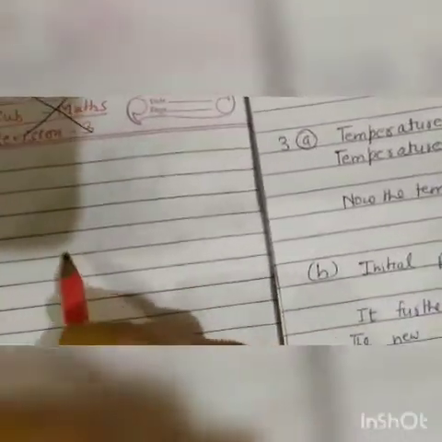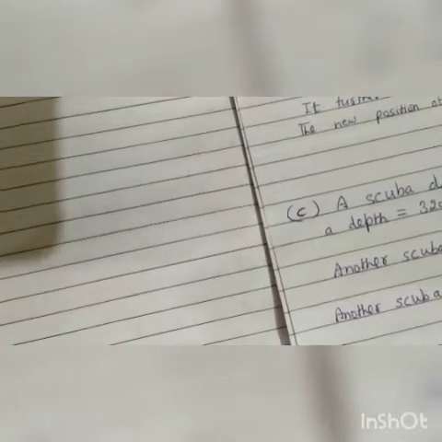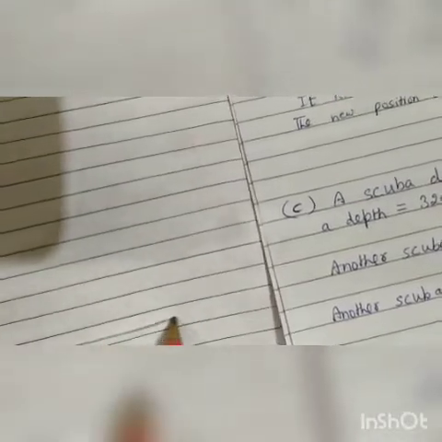Besides this, you can understand it like this also. Suppose, all of you know the number line. We are drawing a number line. All of you are familiar with the number line.